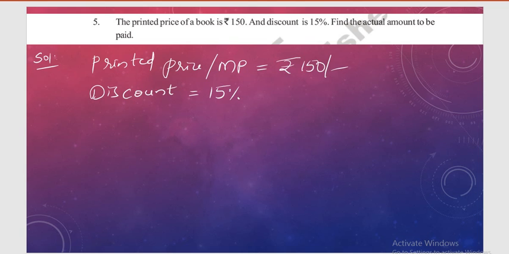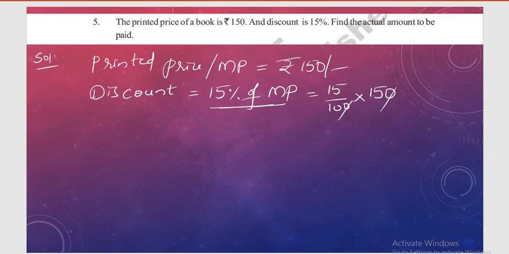So discount is equal to 15% of whom? Discount is always calculated on market price only, no? So discount is equal to 15% of market price. How can you write 15% as? 15 by 100 into market price, which I already know, it is 150. So 0 0 gets cancelled.